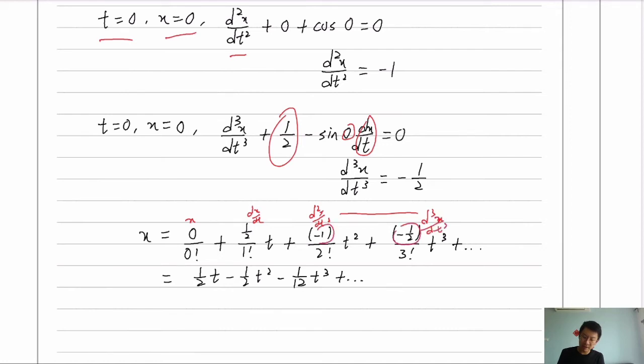These values are written there, and then we just follow the formula, with the factorials in the denominator. If we have the nth derivative, the power will follow the n. Basically, this is what we get for the series. That will be for the first one.